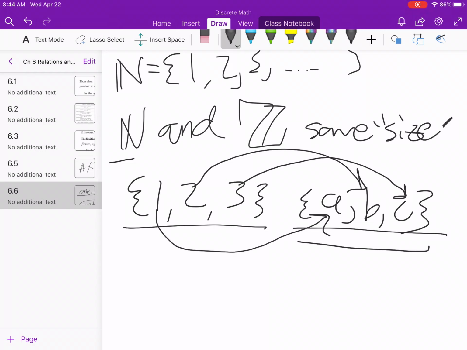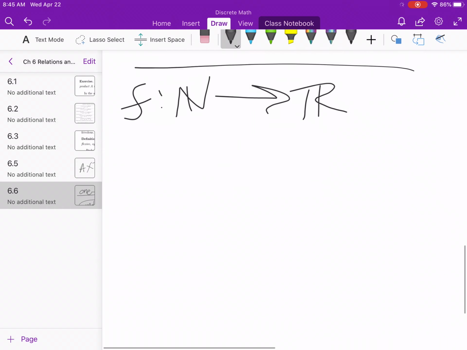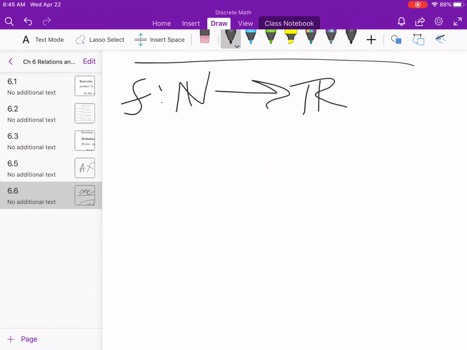So something else that's interesting is that I have this infinite size set of natural numbers, but could I find a function f from the natural numbers to the real numbers that's also a bijection? Could I find a bijective mapping between the naturals and the reals? It turns out I can't.